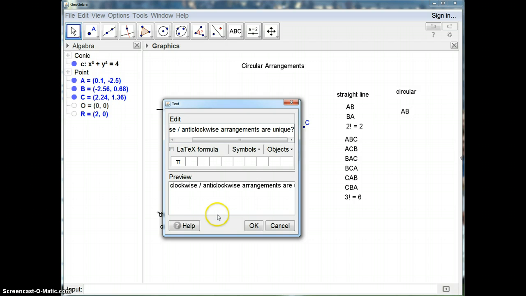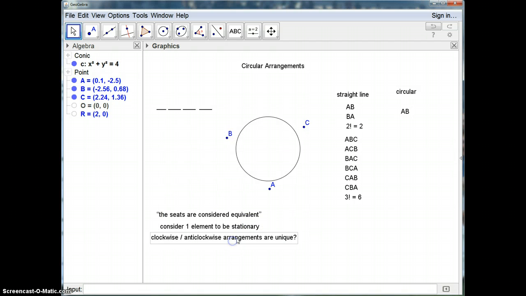I believe in the question on the test, anti-clockwise arrangements are unique, so if A is sitting beside B and C, it matters who's on which side. Here B is on the left, C is on the right. If we move it back, C is on the left, B is on the right. This is considered a different arrangement if clockwise and anti-clockwise arrangements are unique.